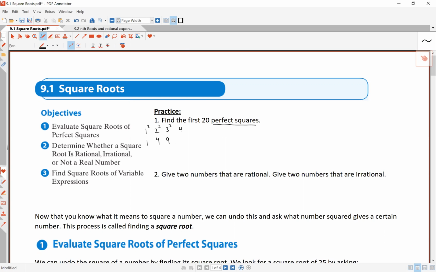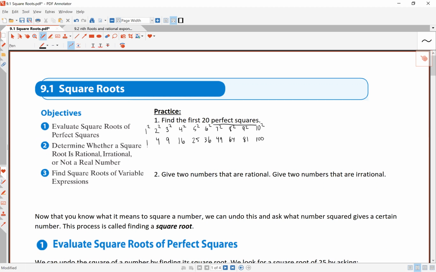We go all the way up to 20 squared, or 20 times 20. 4 squared is 16. 5 squared is 25. 6 squared is 6 times 6, or 36. 7 squared is 49. 8 squared is 64. 9 squared is 81. 10 squared is 100.